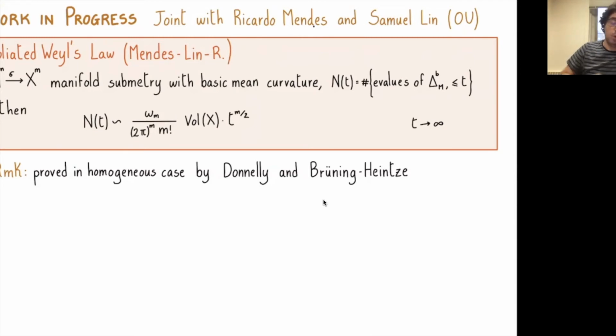But in the more general case where you remove the group action and you just define the manifold submetry with basic mean curvature, you still get essentially the same result. That's the point. So this is the first of a couple of results that allows us to estimate geometric quantities of the base X in terms of eigenvalues.